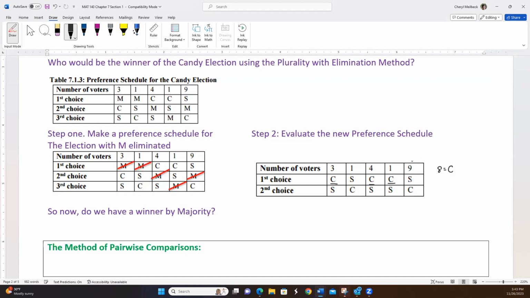And S has the 1 here plus the 9, so S has 10 first place votes. And that is a majority because 9 would be half. There were 18 voters, as I recall. S has a majority. So who won by majority? That would be S for Snickers.